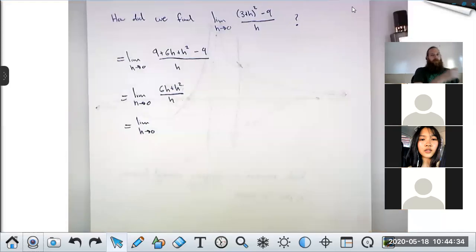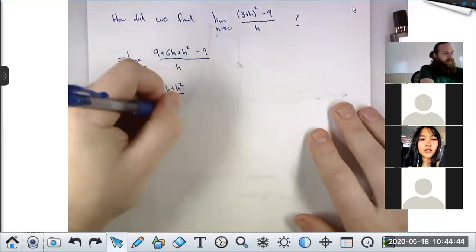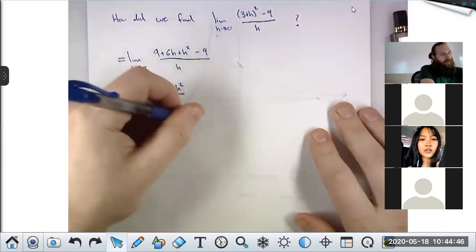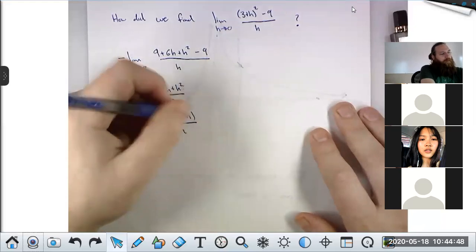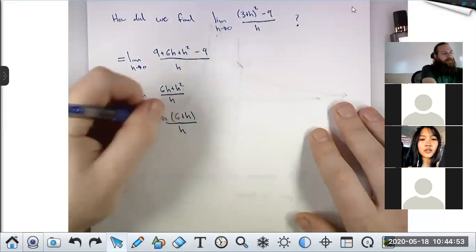Important comment here, we can only cancel things top to bottom if we can factor them from both the top and the bottom. So it's only at this stage, after I factor out the h, that I can cancel it with the bottom. And I can't cancel these two. I can cancel these two, right?